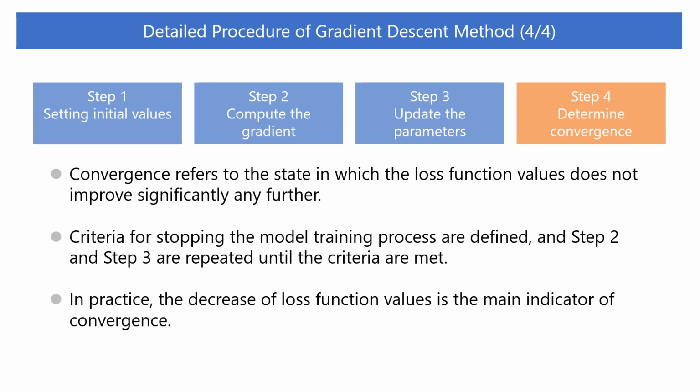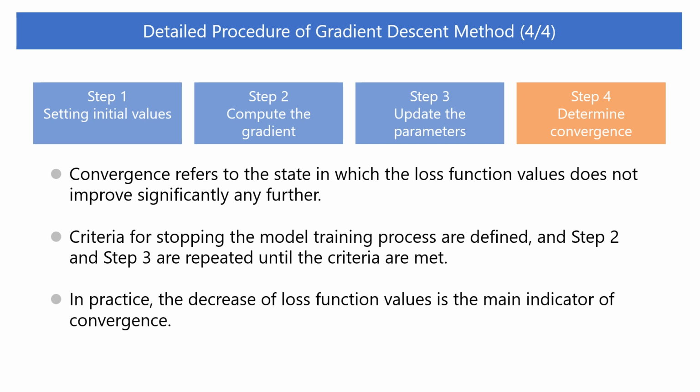The criteria used here include the following: the preset maximum number of iterations; the amount of parameter update has become small; the change in the value of the loss function has become less than a certain level; and the magnitude of the gradient has become sufficiently small.